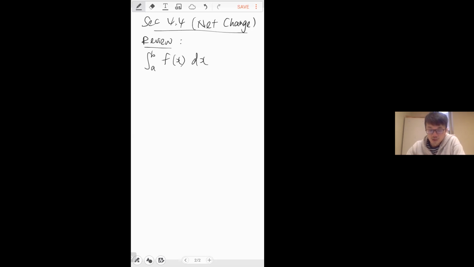So by definition, well, we had three definitions of this thing. So this is called the definite integral of the function f of x from a to b.